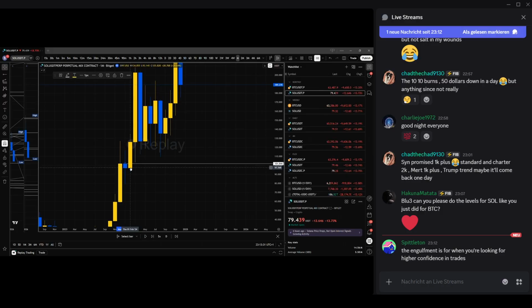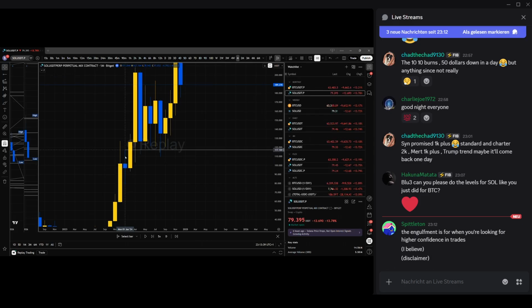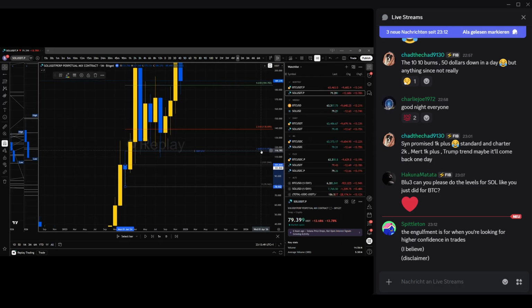Its body gets completely engulfed by the next candle, which is an accumulation candle. So this creates a hold level as creating a long with the entry at the body and the exit at the fib level 1.618, and it's generally support.